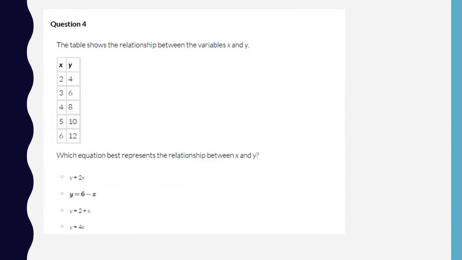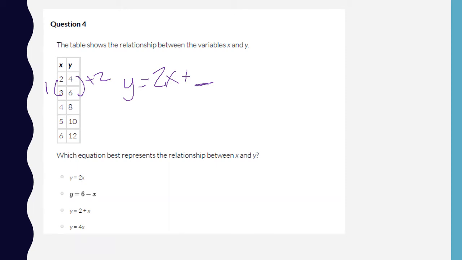Okay, on this problem, we aren't shown a y-intercept, so we're not shown what y is when x is 0. So I can look at the difference here and say it's going up by 2 and it's going up by 1. So I know my slope is going to be 2x plus something, we don't know what.